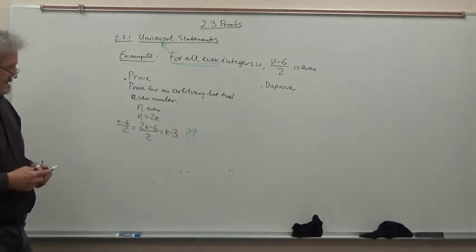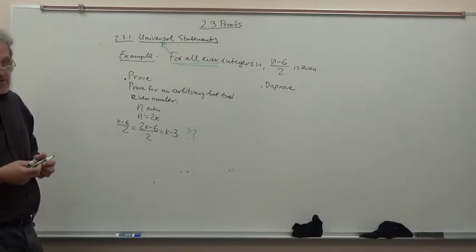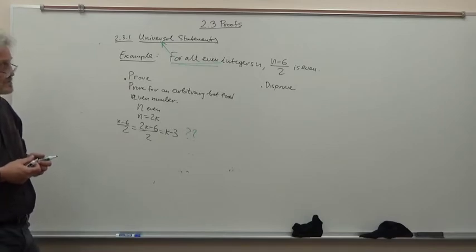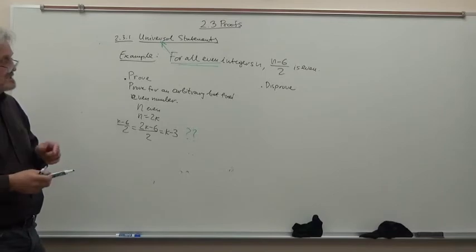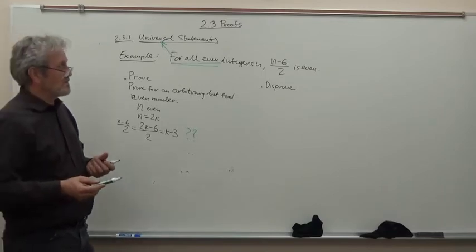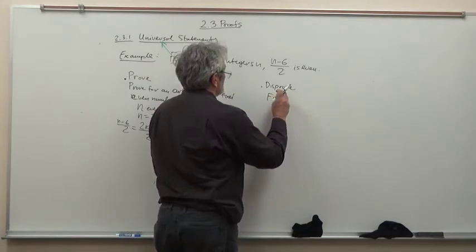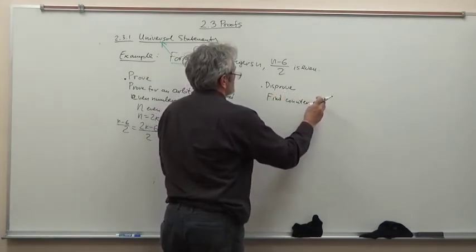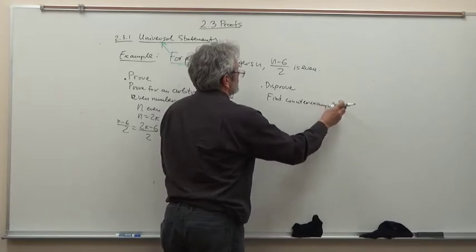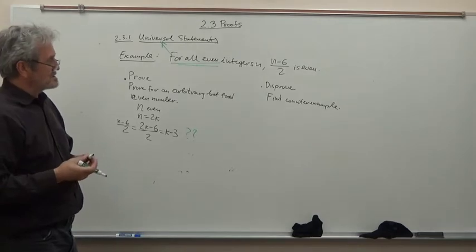So what then? If you get stuck, what can happen? It may be that we just didn't come up with a good idea, or maybe the statement is really not true. So generally what I will do is test it and try to find a so-called counterexample. Find just one. You see, to prove it, you need to prove it for all. To disprove it, you just need to find one counterexample.